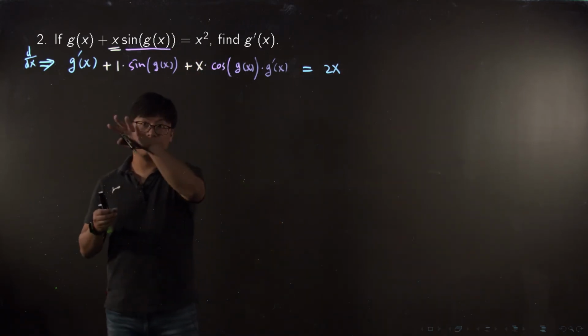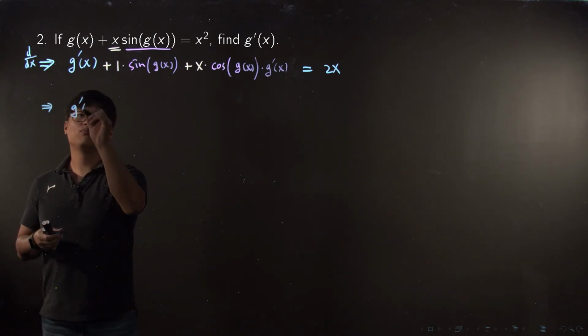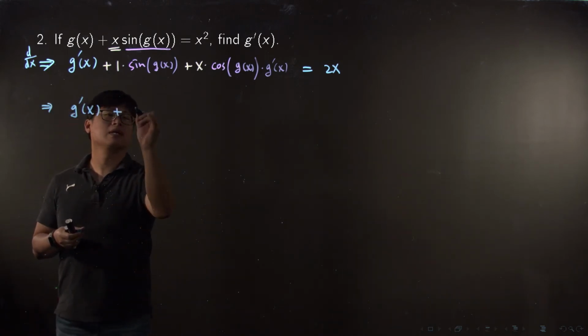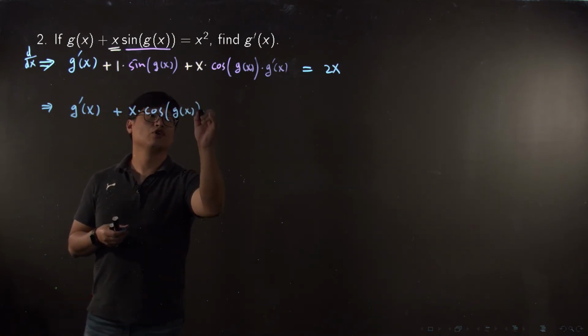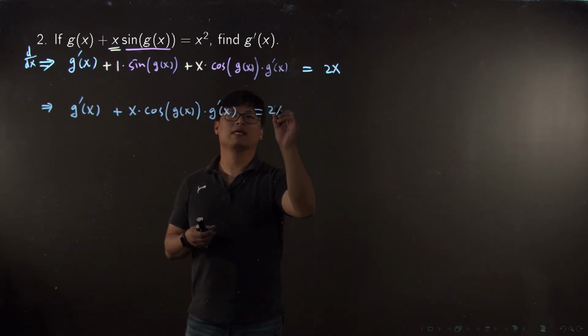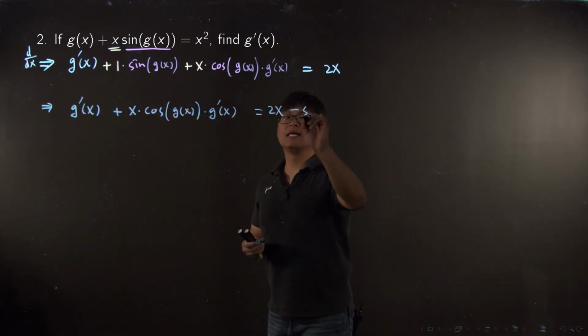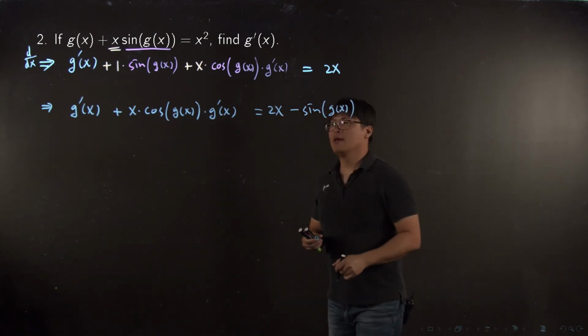Otherwise, everything else stays on the left-hand side. Here we go. g prime x plus x times cosine of g of x times g prime x is equal to 2x minus sine of g of x, which came from the left-hand side.